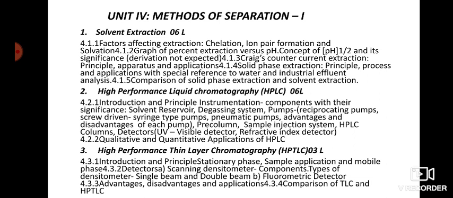The third topic is high performance thin layer chromatography. In previous classes we have learned TLC. In this semester 5 we are going to see the high performance thin layer chromatography instrument, its principle, how to apply sample on the TLC plate, mobile phase, and what are the detectors we are going to see in high performance thin layer chromatography.